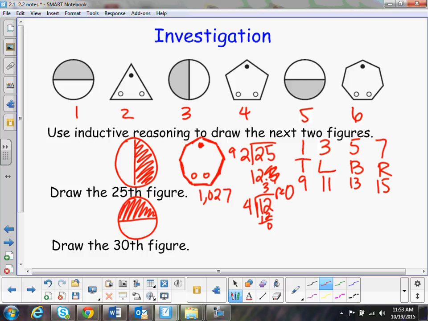That means it's back to the beginning, so that's the top shaded. And so 15, 17, 19, 21, 23. See how 25 is back to the beginning?